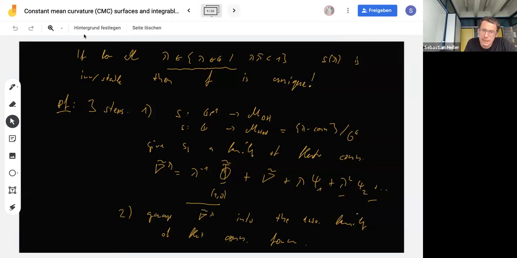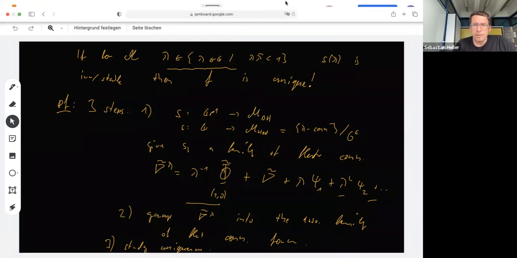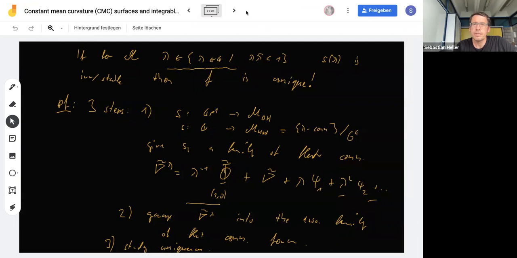And then the third step would be to show uniqueness or study uniqueness. So these are the three steps we have to achieve here, and let's try to do that. So right, we should start with the first point.